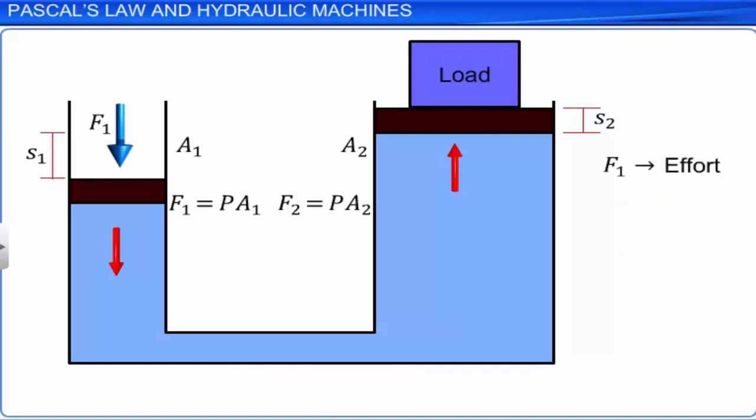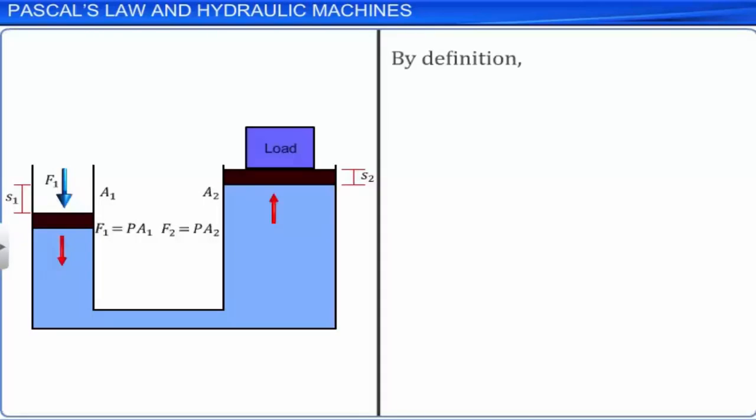Substituting F2 with PA2 and F1 with PA1, we get the mechanical advantage as A2 by A1. Hence, we can write the mechanical advantage of a hydraulic lift as the ratio of the cross-sectional area of a larger piston to that of a smaller piston.